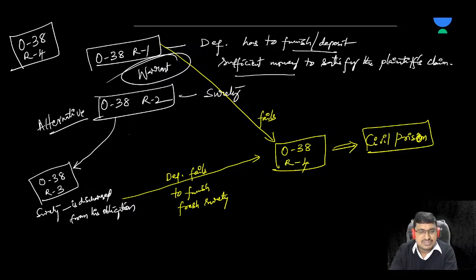civil prison, friends. There is a proviso, friends. It says that no person shall be detained in prison under this rule in any case for a longer period than 6 months.